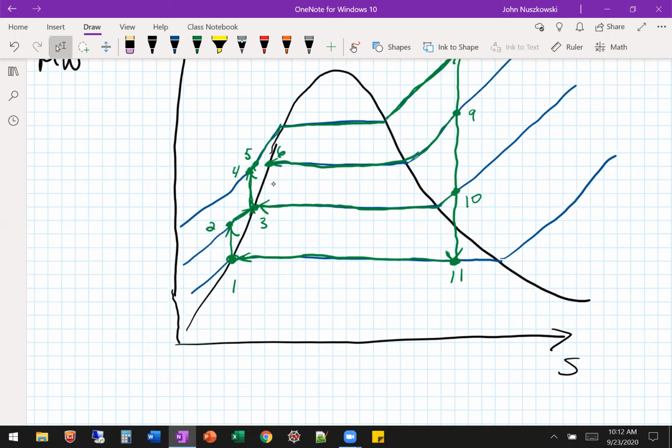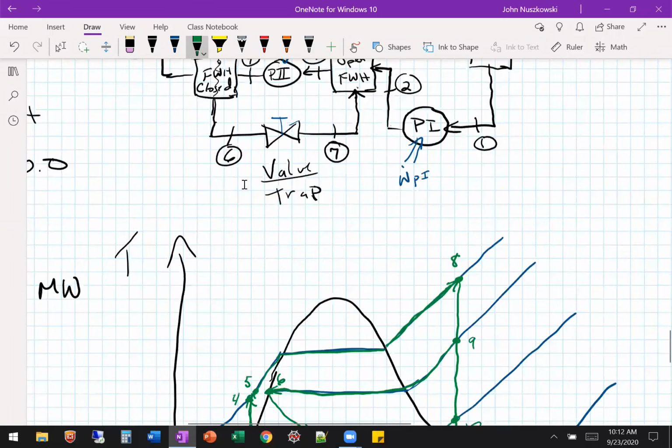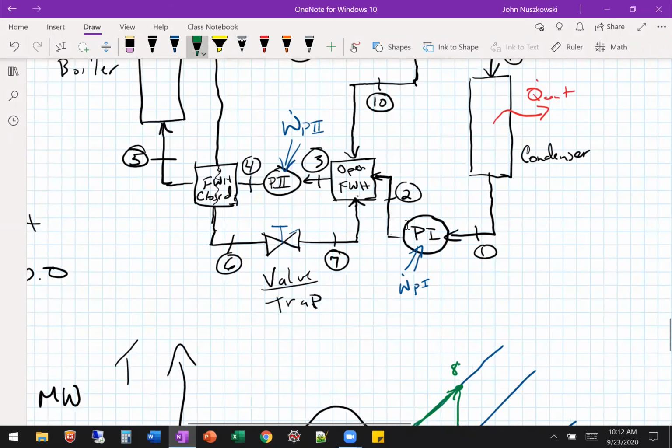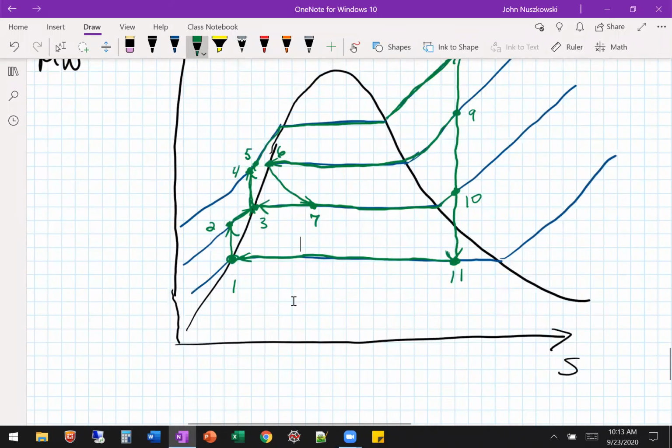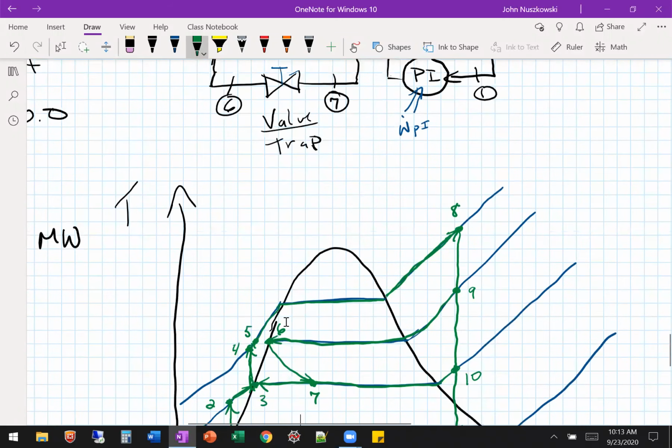What that looks like is this, because we're dropping it down to that lower pressure so it can go into the open feed water heater and mix those. Otherwise, we would take the outlet of 6 and raise its pressure up to the pressure at 4, 5, 8, right? Right, so I think that's it for the diagram, okay?